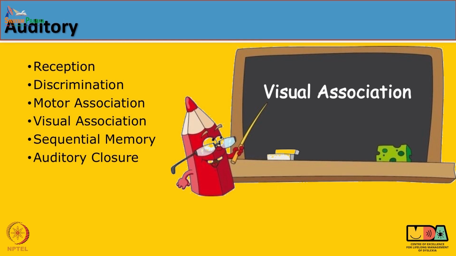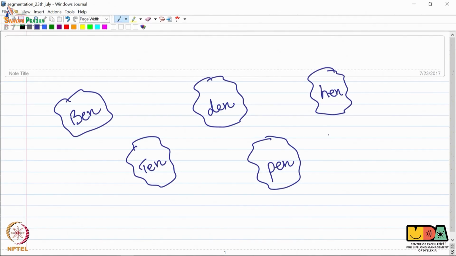Auditory visual association is the ability to relate what he has heard auditorily to something that he has been presented visually. Word maze is a lovely game which a child can play. Bingo is another game that the child can play. Another way of finding out if the child is able to visually isolate the word that you have presented to him orally is to present to him a maze or a group of similar sounding words in clouds, as what you are now seeing.